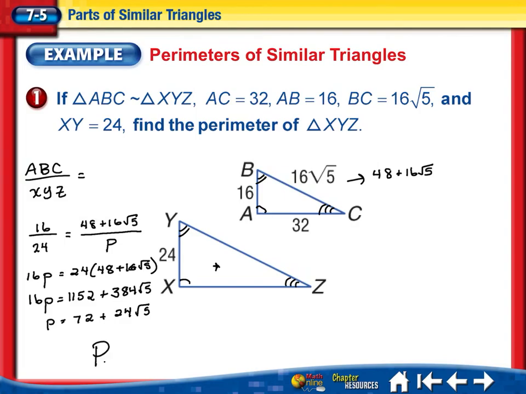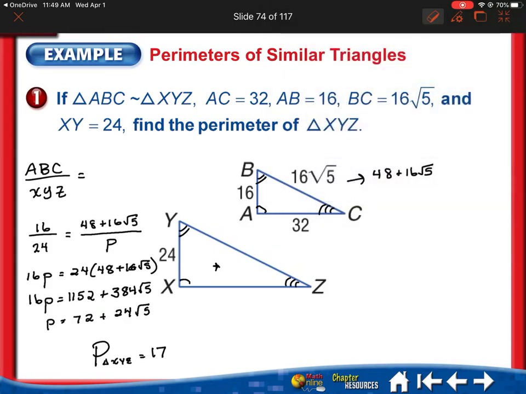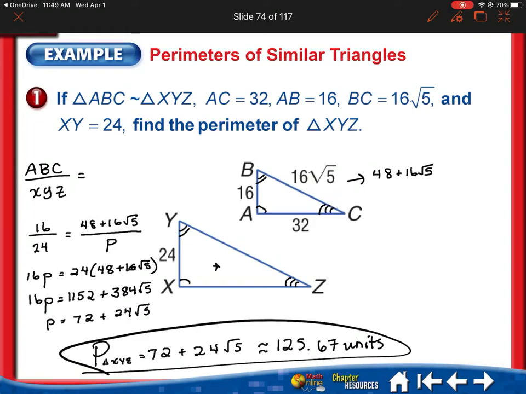So we can leave our perimeter in that form. The perimeter of triangle XYZ is equal to 72 plus 24 root 5. If we multiply by the radical and then add, it's approximately 125.67, whatever those units are, because they didn't give us any units.